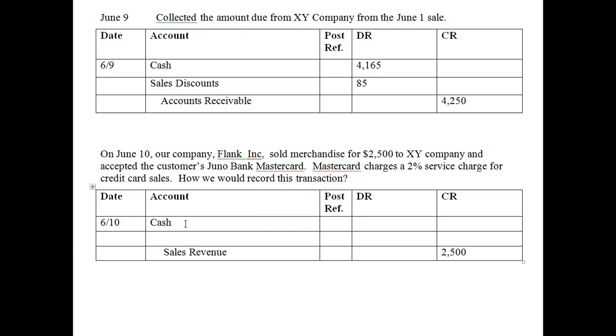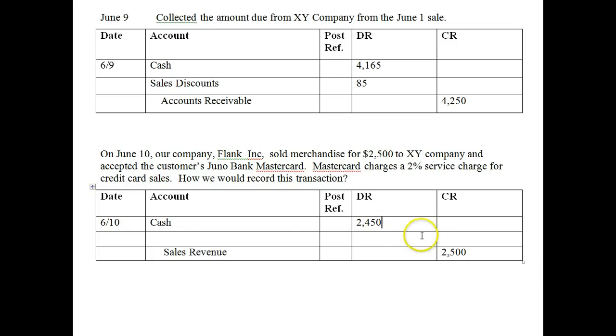But we have to ask ourselves, how much cash are we physically going to receive? Well, remember, we have to pay that 2%. So the bank is actually going to take the 2% before we receive the cash distribution. So 2% of 2,500 is $50. So the bank's going to charge us $50, which means they're going to settle the account at $2,450.